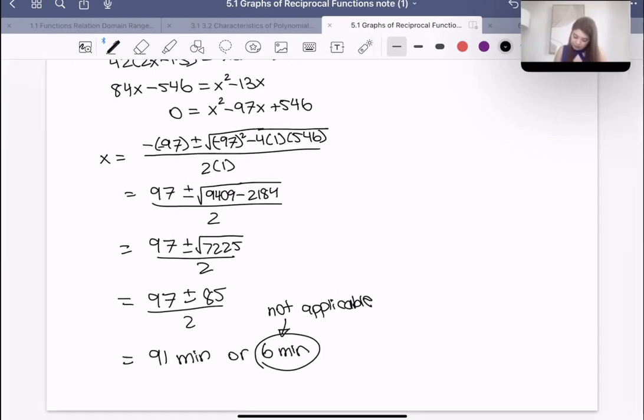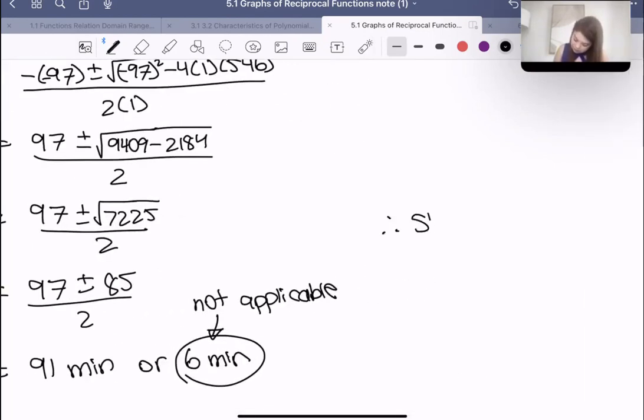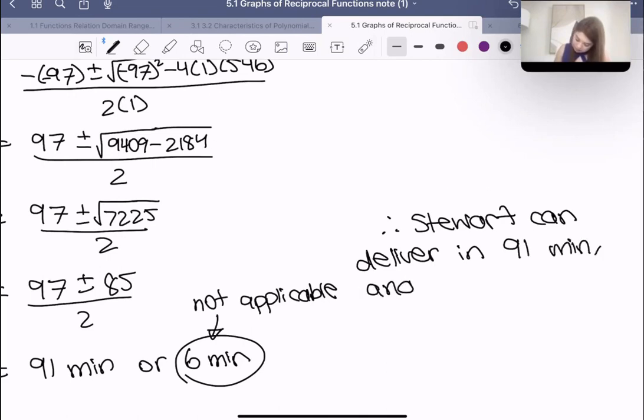So therefore, Stuart can deliver in 91 minutes, and Lucy can deliver in 13 less minutes, which would be 78 minutes. And I'll just put a quick note here for Lucy.